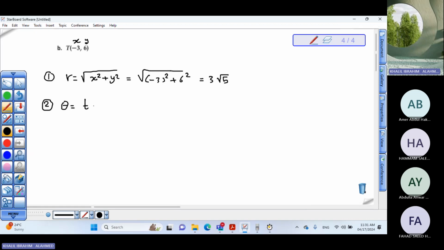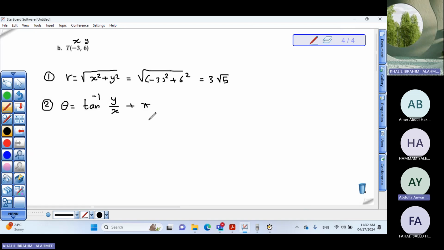Step 2, theta equals inverse tan of y over x, plus pi. Why did I add pi or 180?